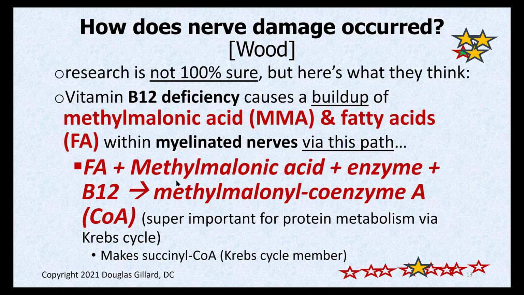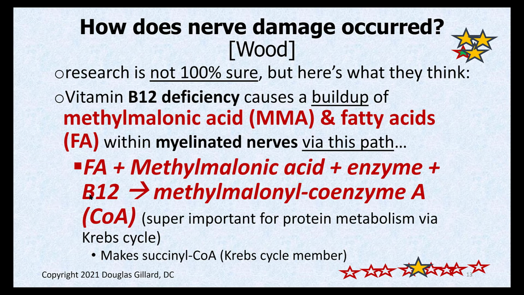Normally, this isn't a problem because this methylmalonic acid is worked on by an enzyme, and vitamin B12 is a coenzyme, and it converts methylmalonic acid into methylmalonyl coenzyme A, which goes on to make succinyl-CoA for the Krebs cycle. So that's a very important step.